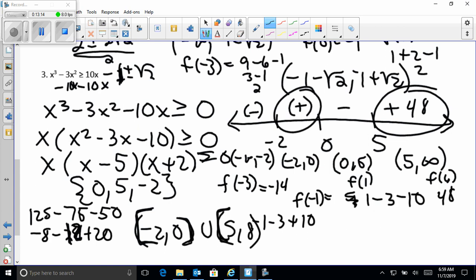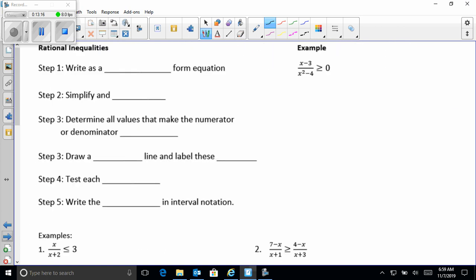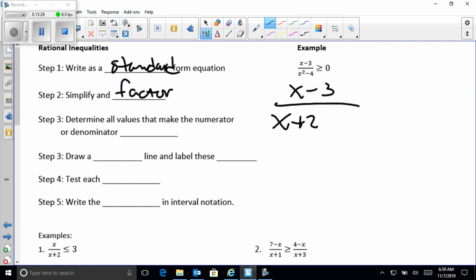Now, when we start looking at rationals, same idea. You're going to write in standard form. This one's already written in standard form. You're going to simplify and factor if you can. So this is x minus 3 over x plus 2 times x minus 2. Then I'm going to look for the values that would make my numerator and denominator 0.